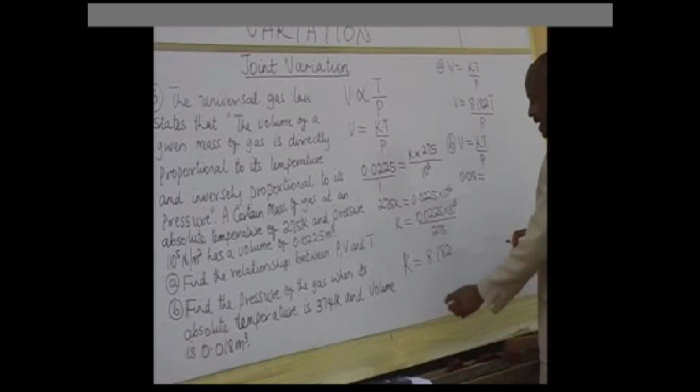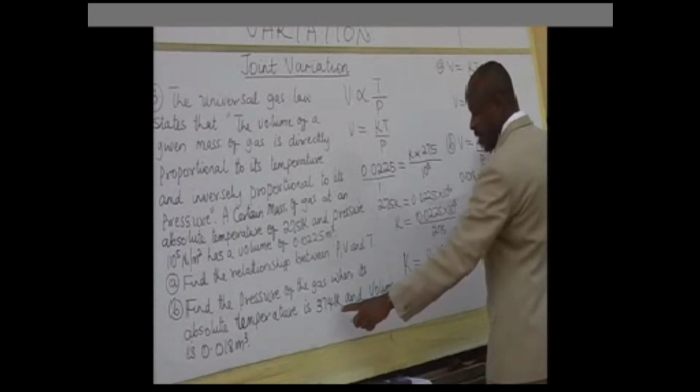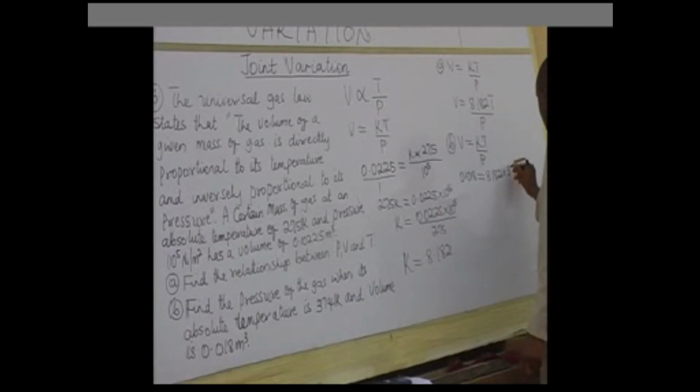Our K here is 8.182, then times the temperature that has been given, 374. So we have 374, all over P, because the question is asking for the pressure.